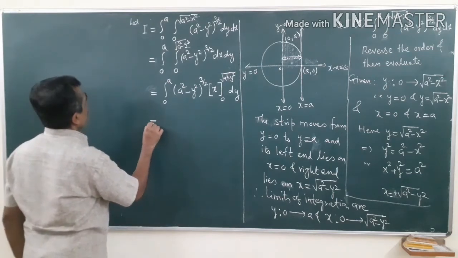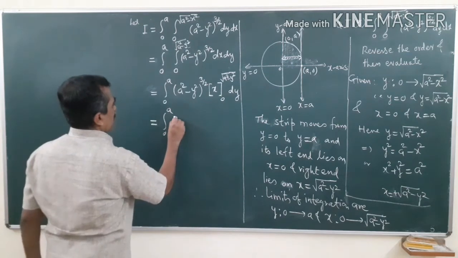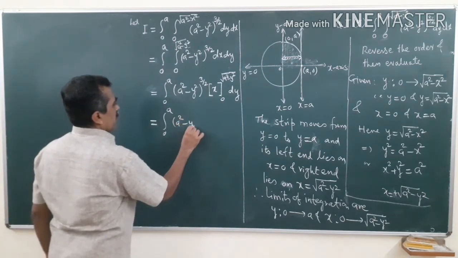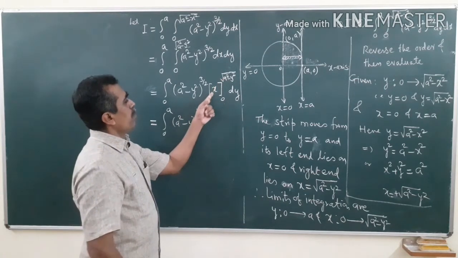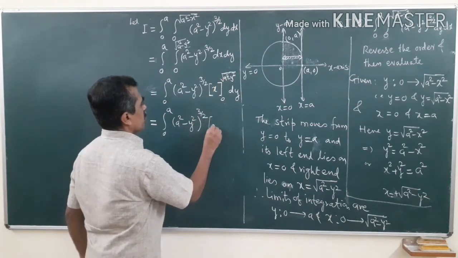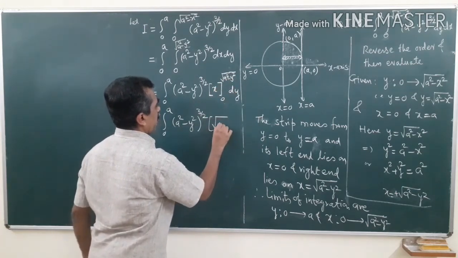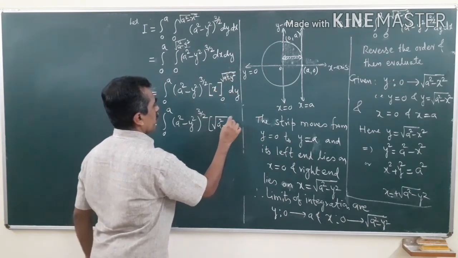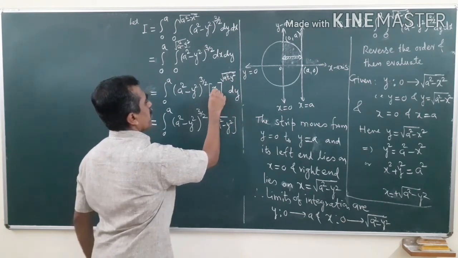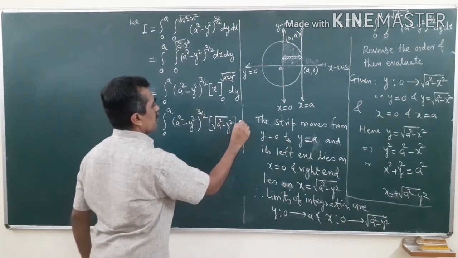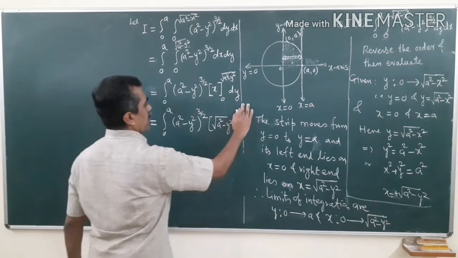So what I have is the integral from 0 to a of a square minus y square raised to 3 by 2. Put upper limit minus lower limit. The upper limit is root of a square minus y square and the lower limit is 0, so no need to write it.